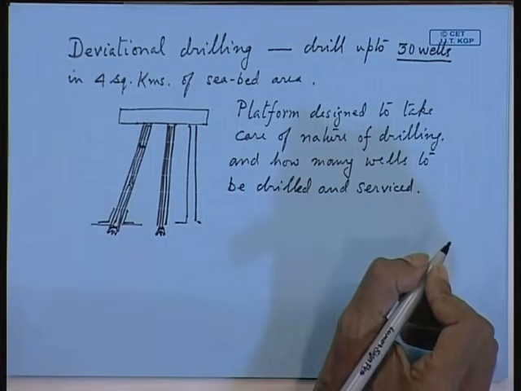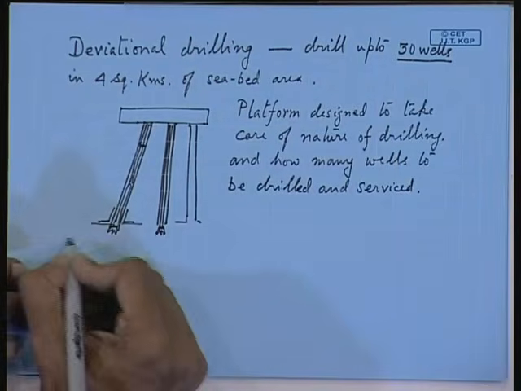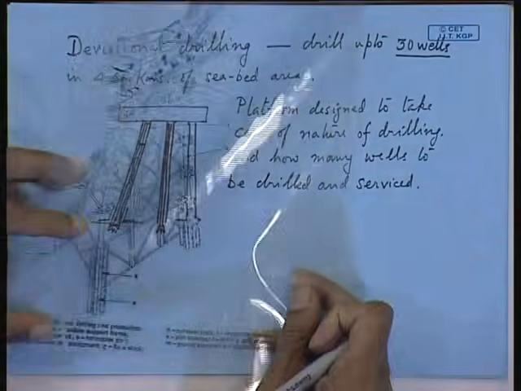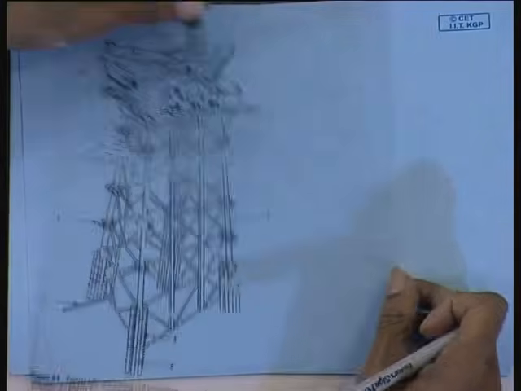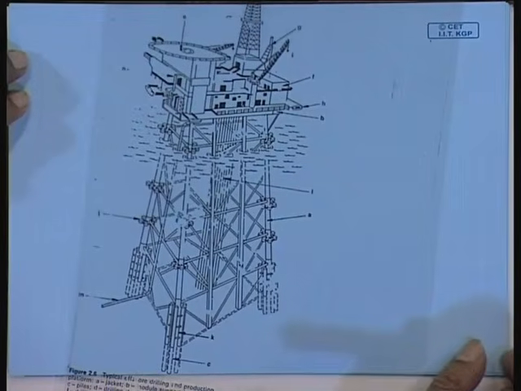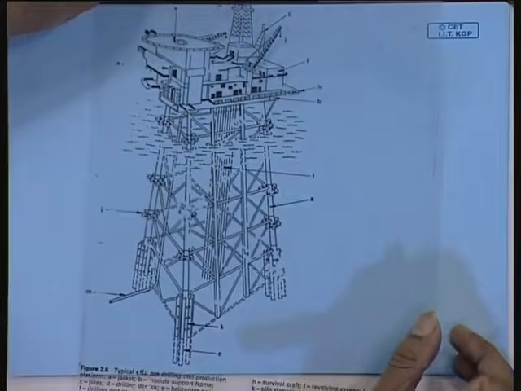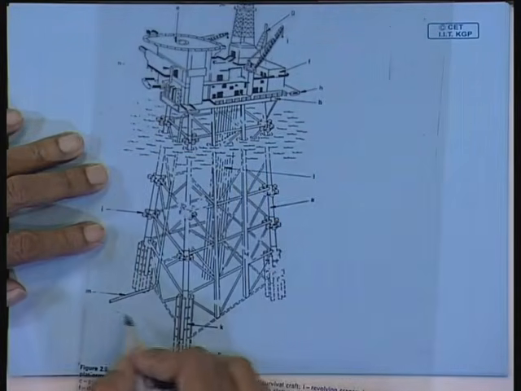All these production facilities on the deck, you build this structure which you can see here. There are two major components of this jacket platform, or two major structural configurations. One is this underwater truss.